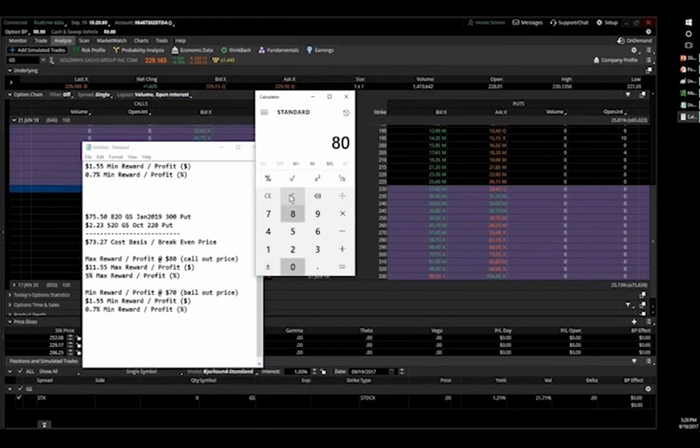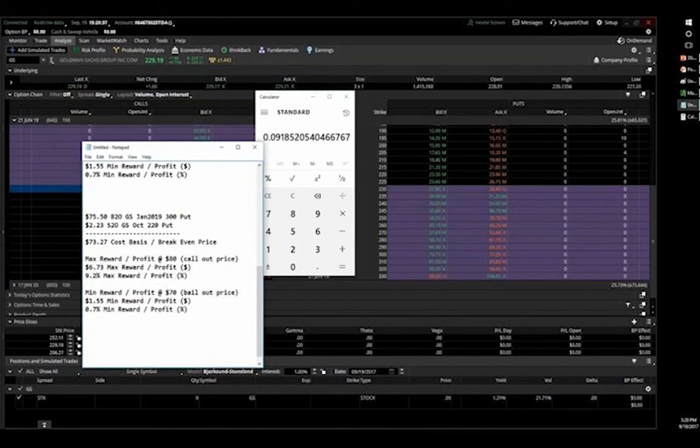All right, $80 minus 73.27 is $6.73. $6.73 divided by the cost basis of 73.27, I got 9.2% max reward.